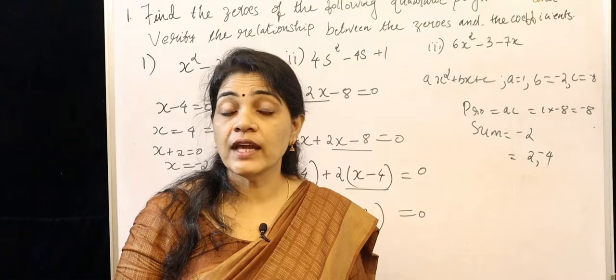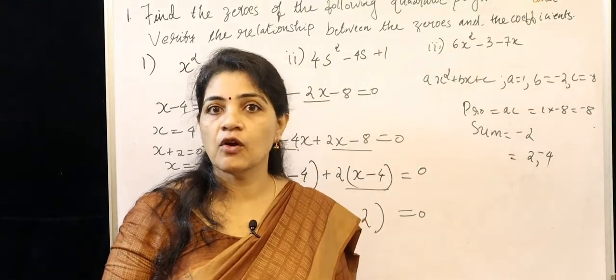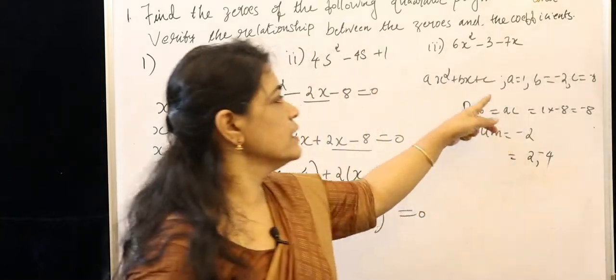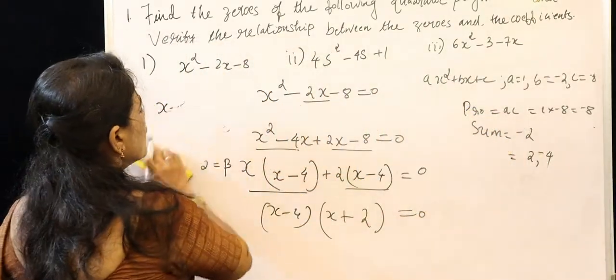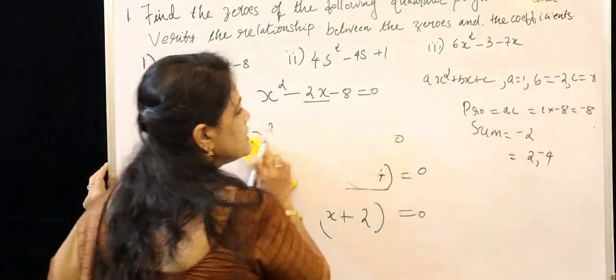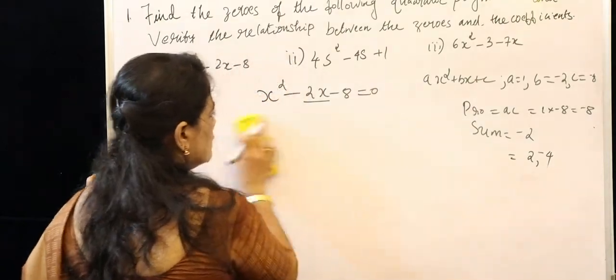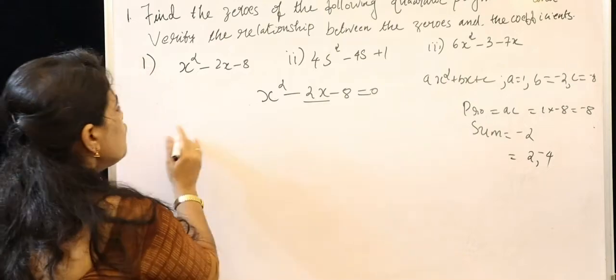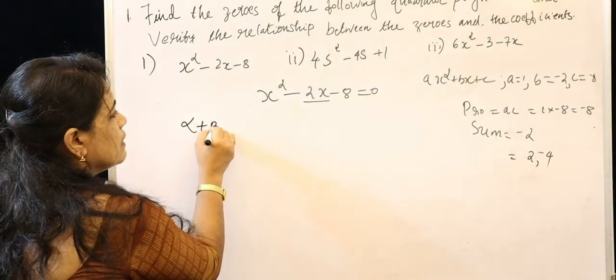Next, we have to verify the relationship between the coefficients. The coefficients we already have written, that is a, b and c. So children, alpha plus beta.